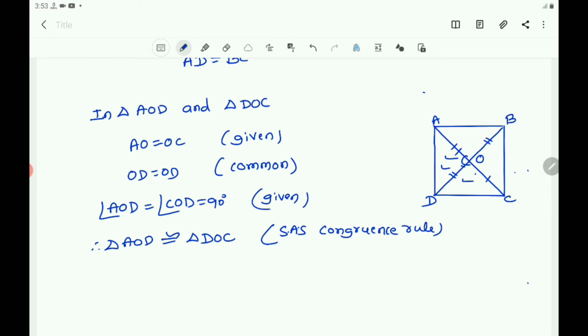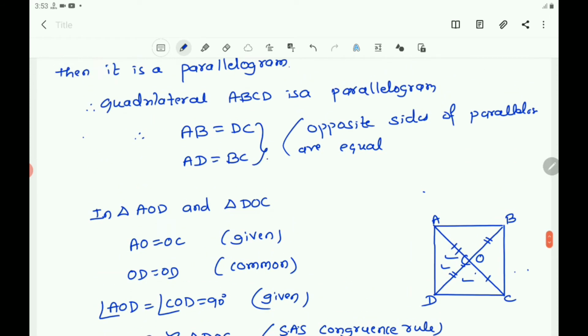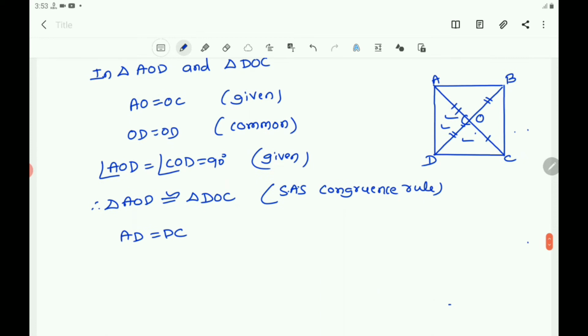Then you can write AD equals DC, according to CPCT.